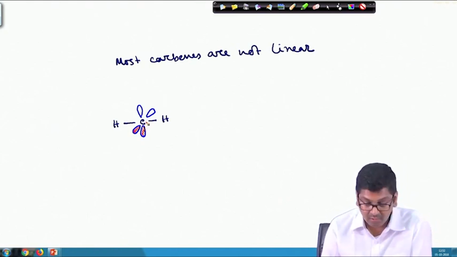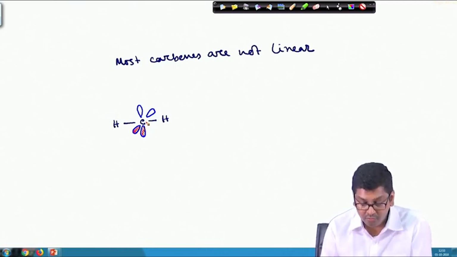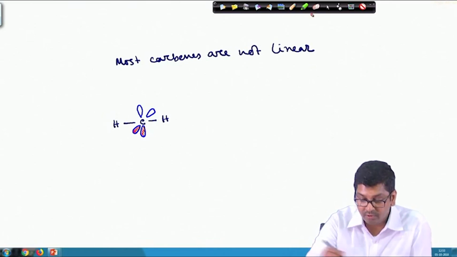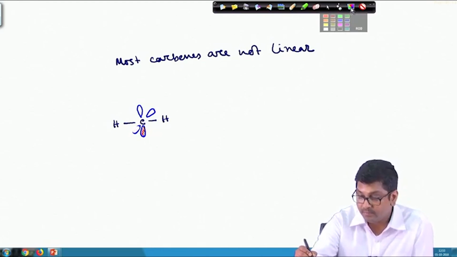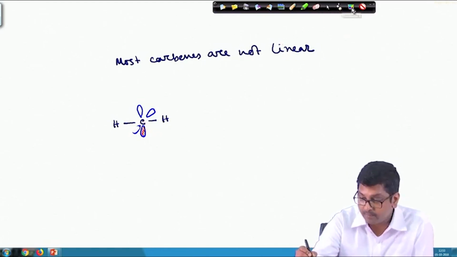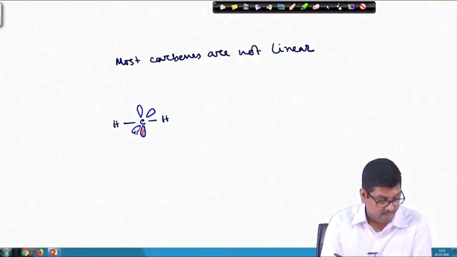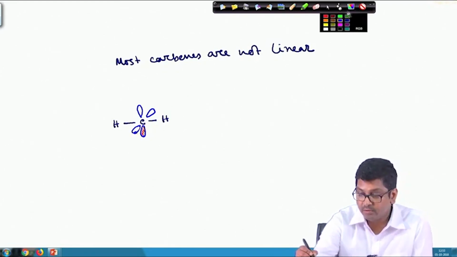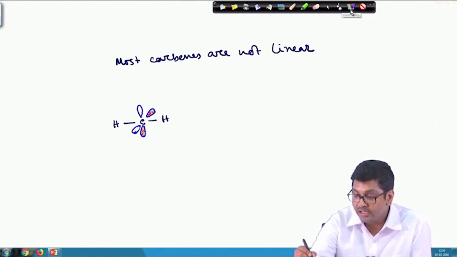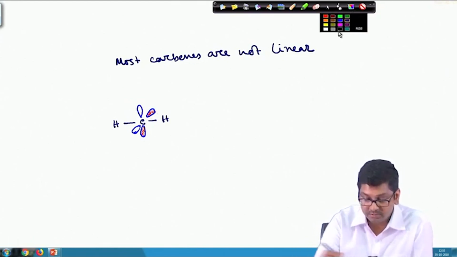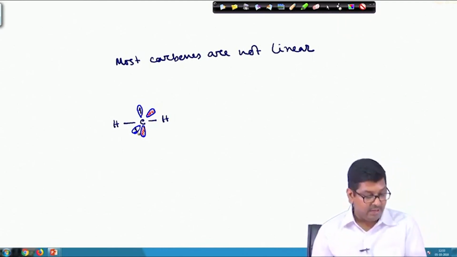In this case we can put these two electrons, you can draw in this way. They are orthogonally situated, like this way.